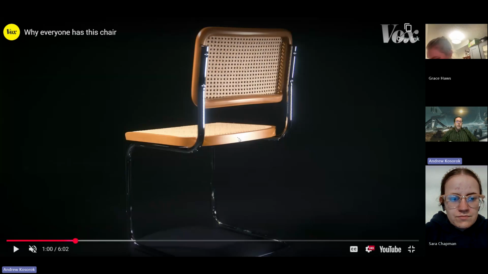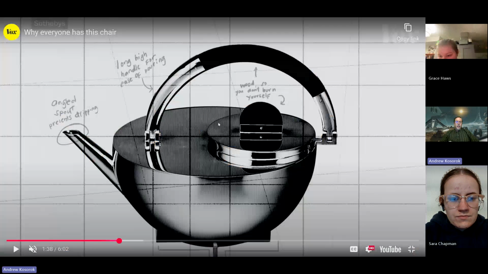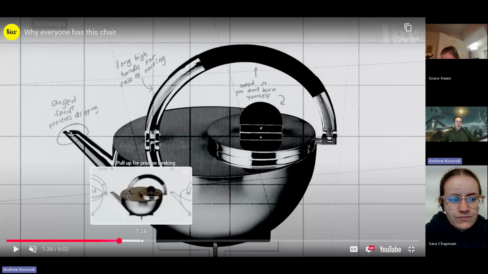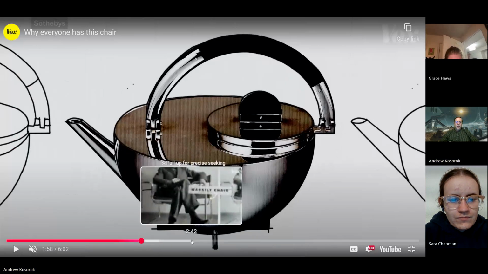And they're actually pretty comfortable chairs. And then we get this teapot that was designed specifically with this kind of universal geometry. And you can see some of these things still. You see echoes of this today.